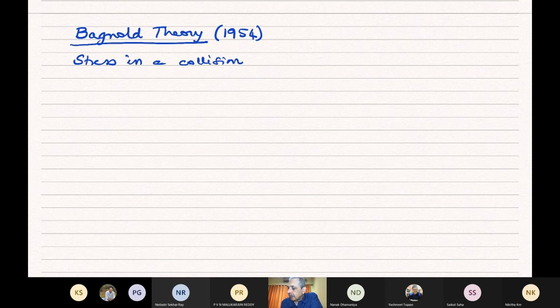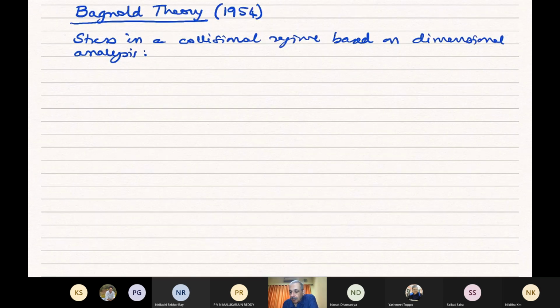That is, the stress transfer is due to collision. But he based this on dimensional analysis. So I'll briefly go through his arguments, just so that we get a feel for why it's like this. Why do we get these kinds of results?